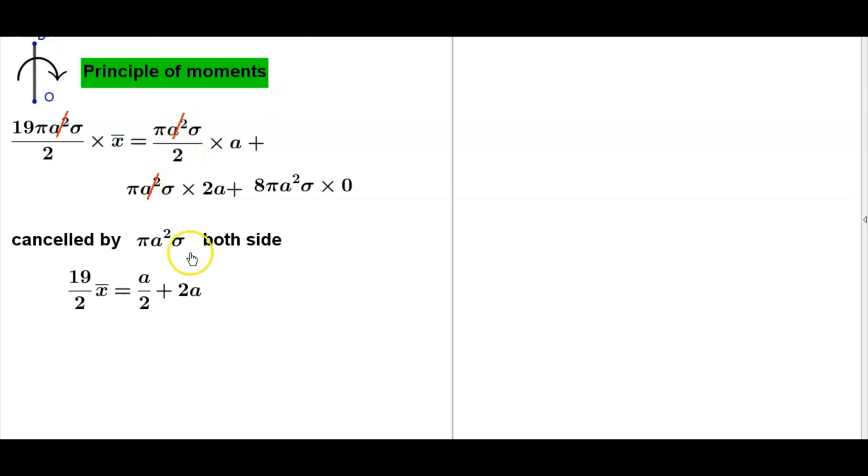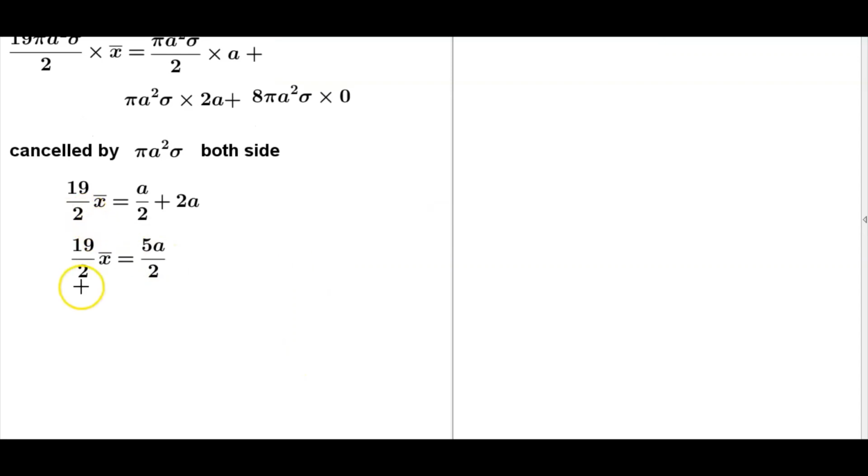Therefore, this one is a by 2. Here, this term is 0. Therefore, here 2a. Therefore, this one, 19 by 2 x bar is equal to a by 2 plus 2a, 5a by 2. Therefore, x bar is equal to 5a over 19.